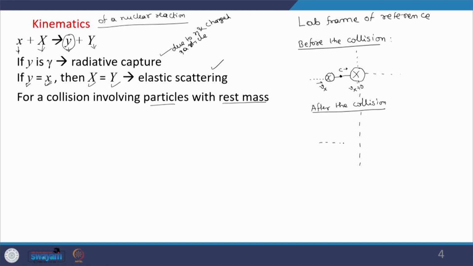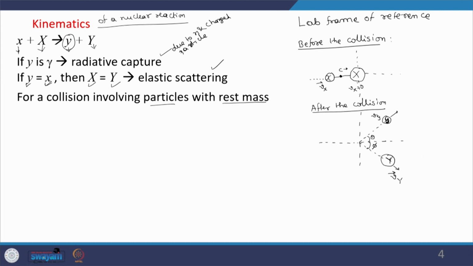We have this species small y moving with velocity y, and this is the direction of the incident beam, and we have capital Y, the product nucleus, which is moving with velocity capital Y. The direction of small y can be specified in terms of theta with respect to the incident beam direction, and the product nucleus is moving in a direction specified by say phi.